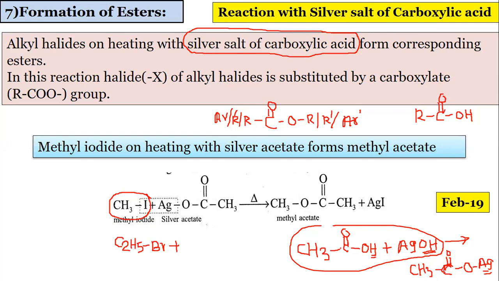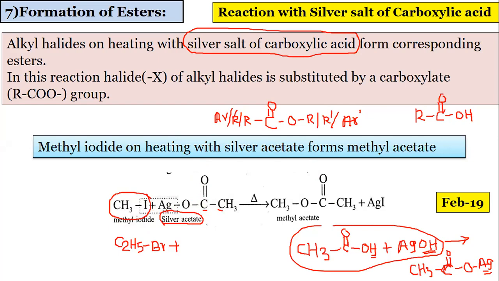So the IUPAC name is silver ethanoate, and the common name given in this reaction is silver acetate. This is the common name, and the IUPAC name is silver ethanoate, with two carbons. So this is the silver salt of carboxylic acids we have to use in this reaction.